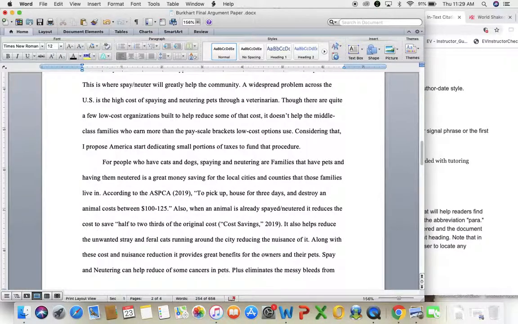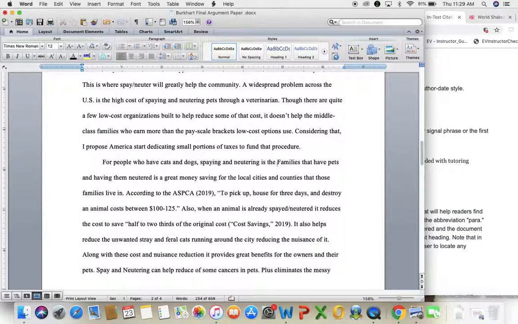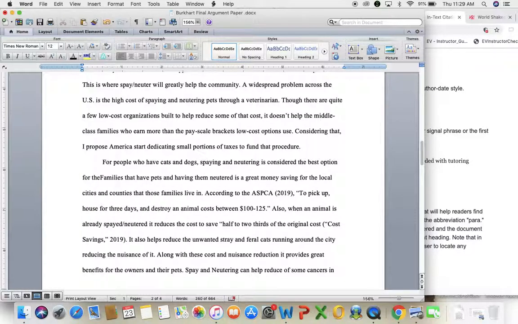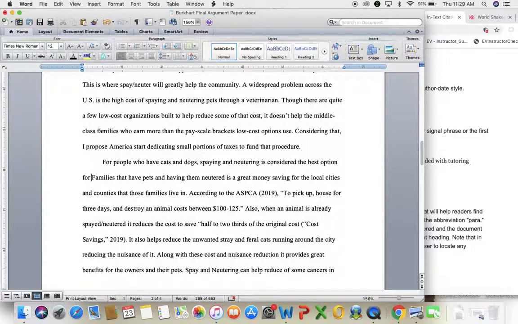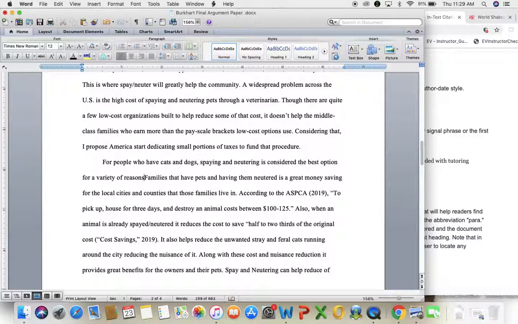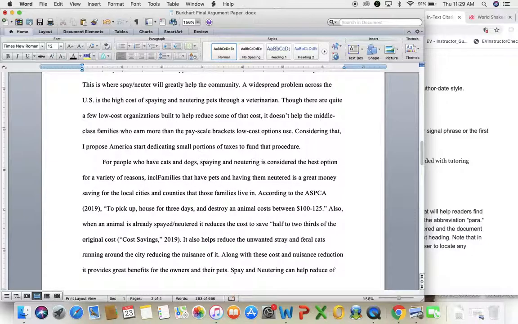For people who have cats and dogs, spaying and neutering is considered the best option for a variety of reasons. That's all I'm going to say, right? That could be a topic sentence right there.